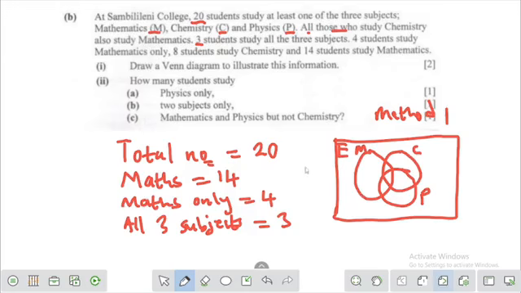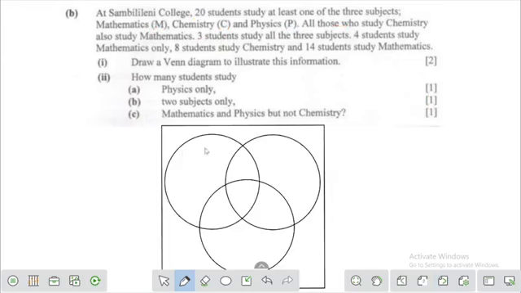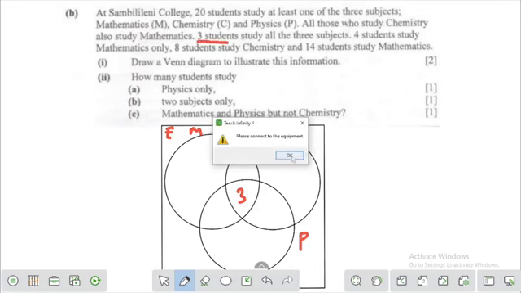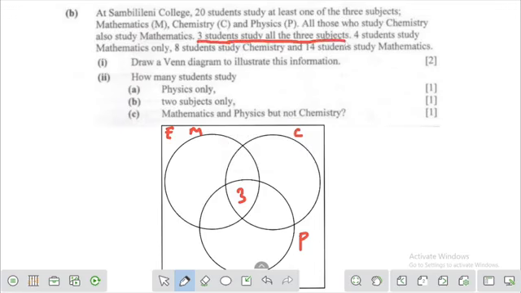So now, from here, let's say these are the circles. Here we have maths, then here we have chemistry, here we have physics. So we are going to write here in the middle. This is where we're going to put 3. This 3 is for all the students that study the 3 subjects.